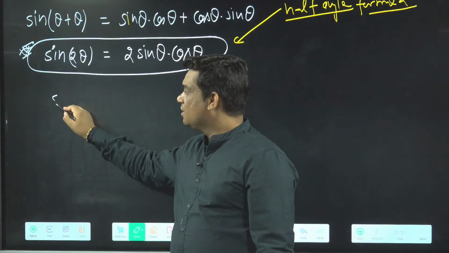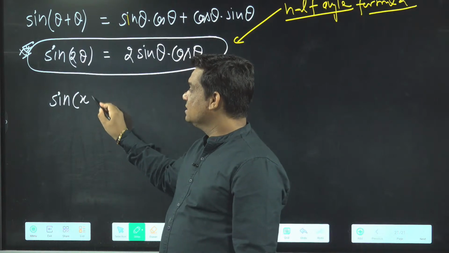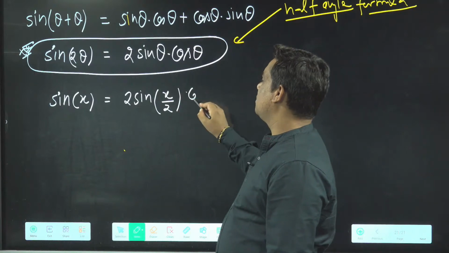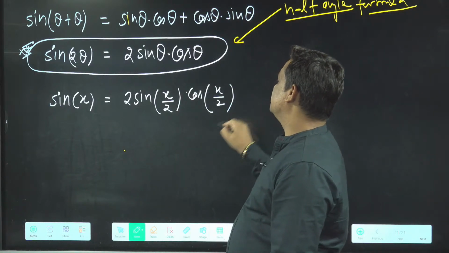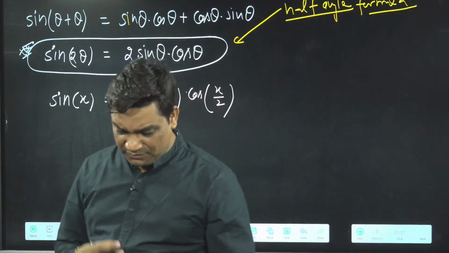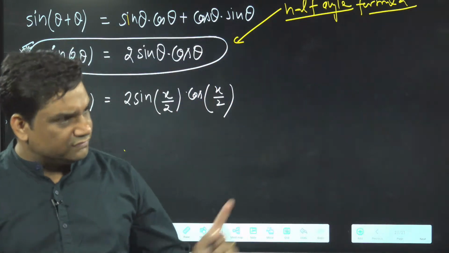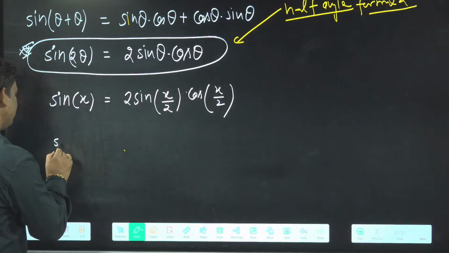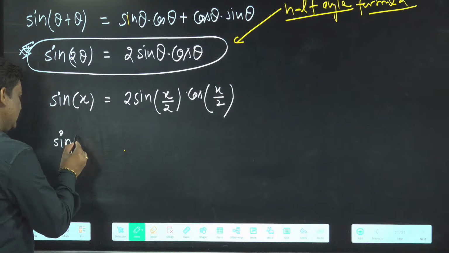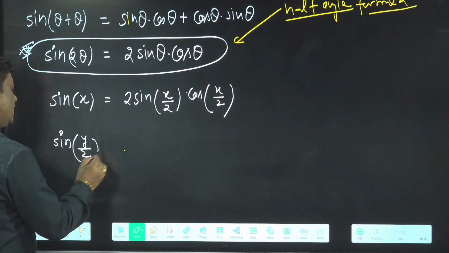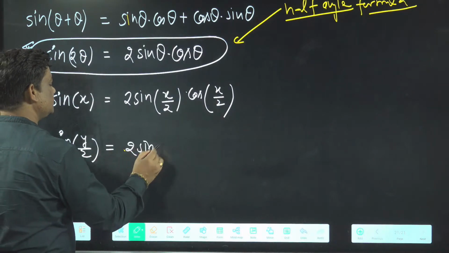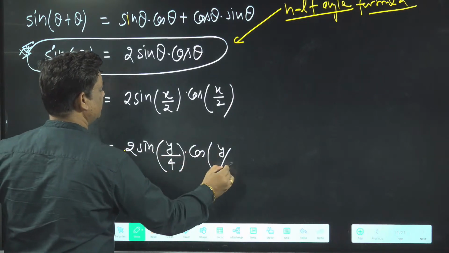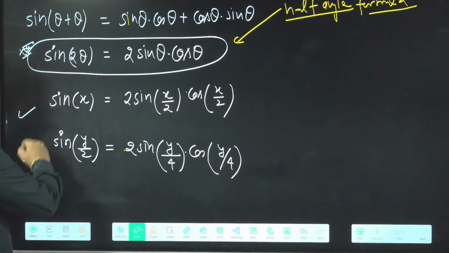Like sine x we can write as 2 sine x by 2 into cos x by 2. It makes the angle half. So whenever we need a half angle, we can use this formula. Suppose you get sine of y by 2. We can write this as 2 sine y by 4, half of this, into cos y by 4. So the use of this formula is to make the angle half.